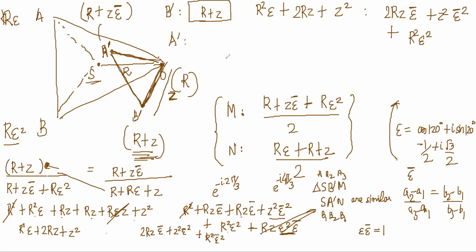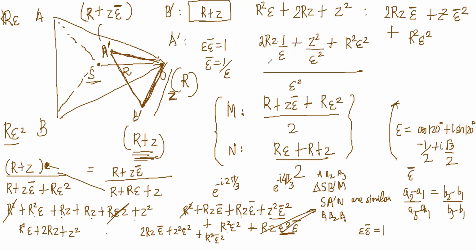Now we know that epsilon conjugate is equal to 1 by epsilon, so I will write this everywhere. 2rz times 1 by epsilon plus z square by epsilon square plus r square epsilon square. Take common denominator epsilon square. This becomes 2rz epsilon plus z square plus r square epsilon to the power 4.